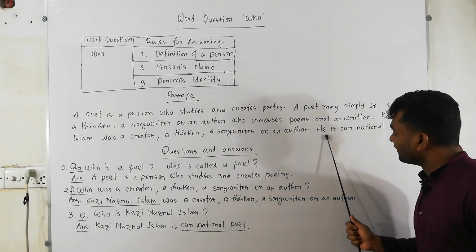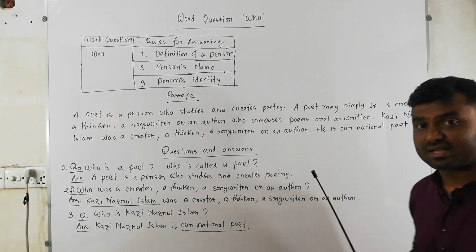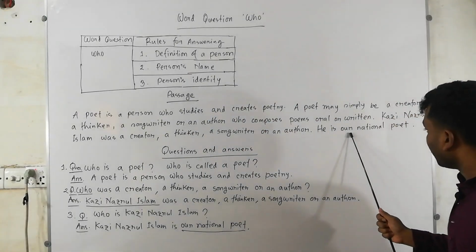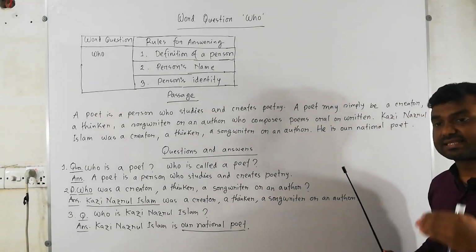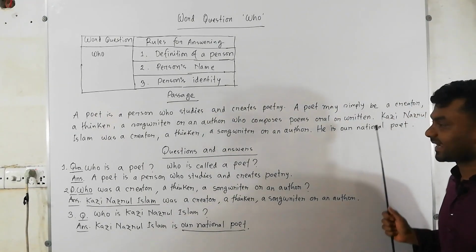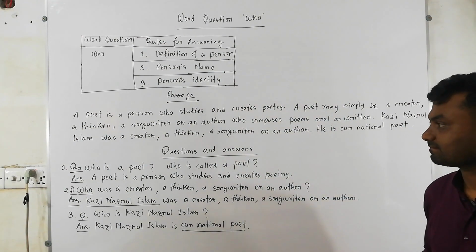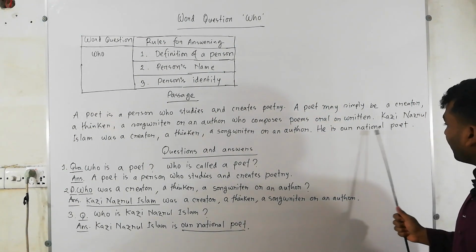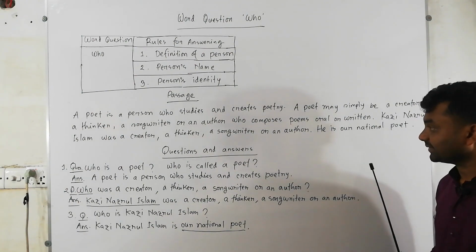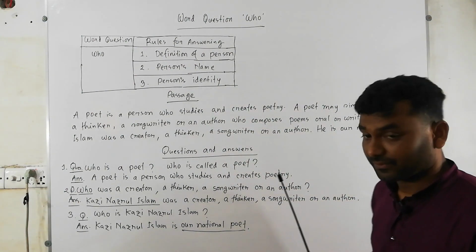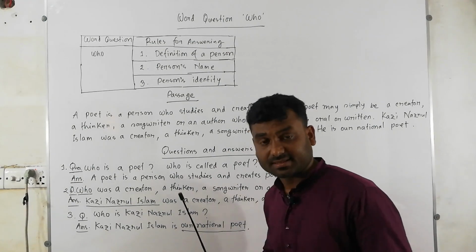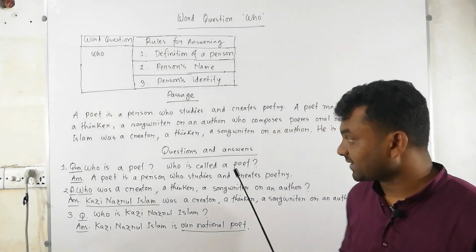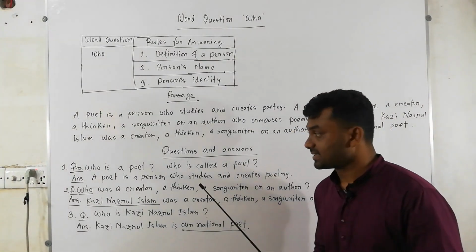By this sentence, we can understand that our national poet is the identity of Qazi Nazrul Islam. Qazi Nazrul Islam's identity is our national poet. Now we have finished reading through the passage. We can learn a lot of things from these 4 lines.